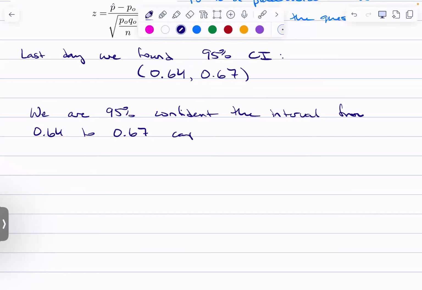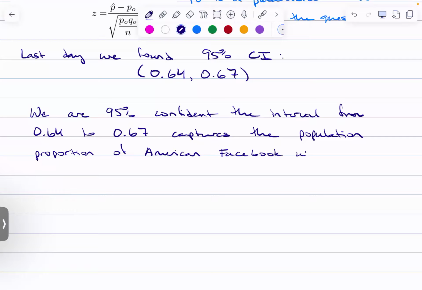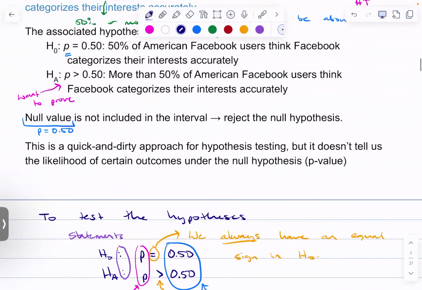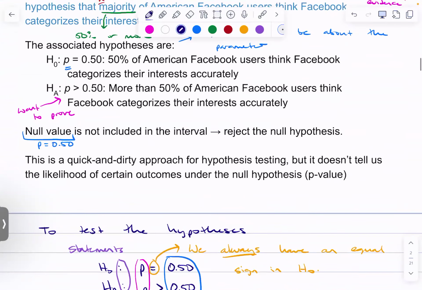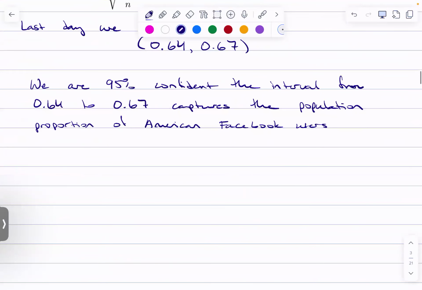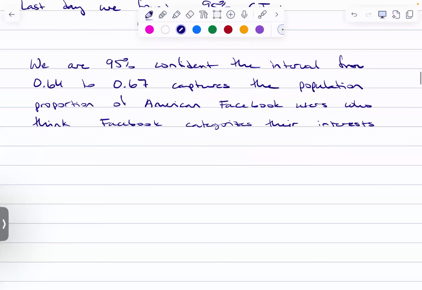So captures the population proportion of American Facebook users who think Facebook categorizes their interests accurately.